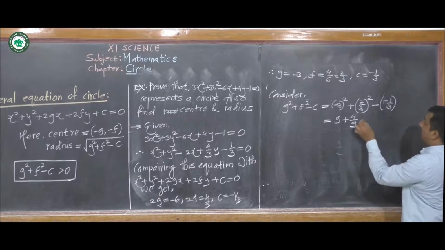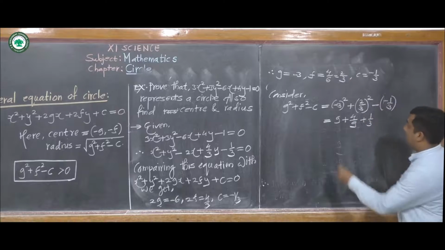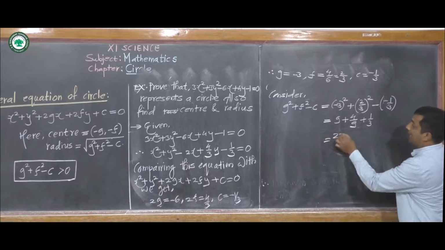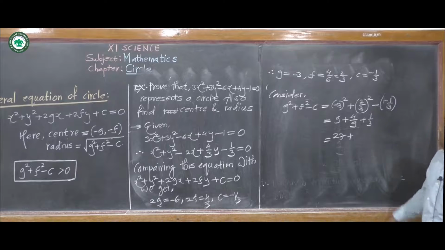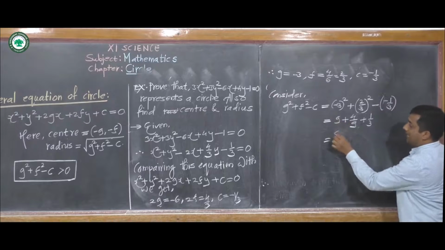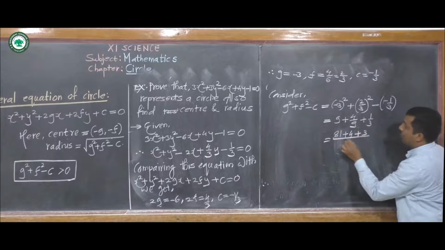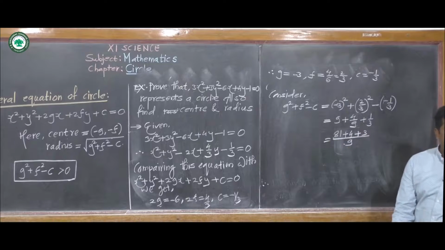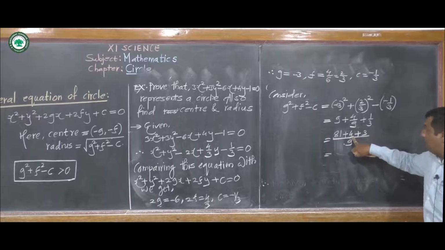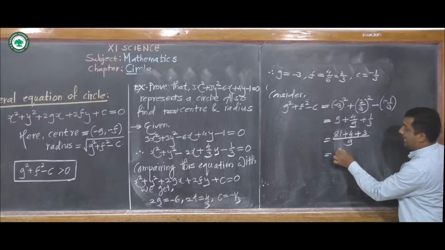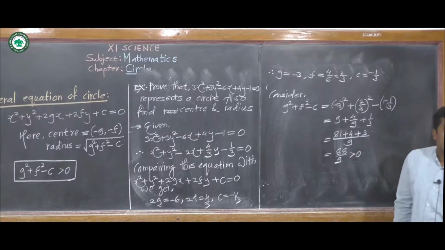Next minus of minus is plus, so plus 1 upon 3. Now this is equal to 27 plus, here we get 9 into 9 is 81 plus 4 plus 3, divided by 9. We know 81 plus 4 is 85, 85 plus 3 is 88, so 88 by 9, and we know this is greater than 0.